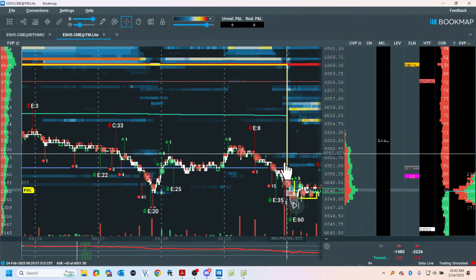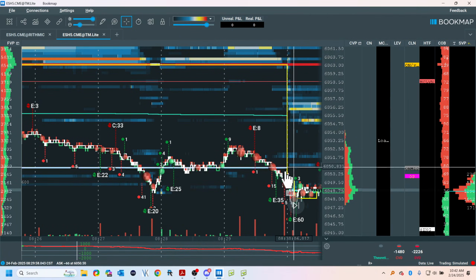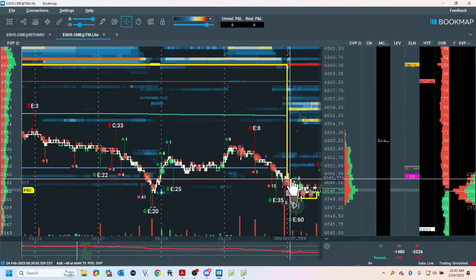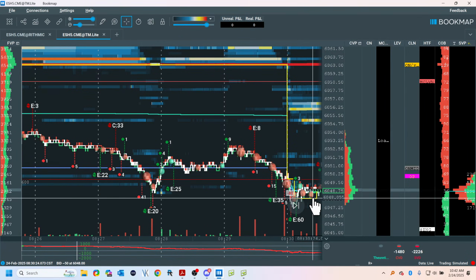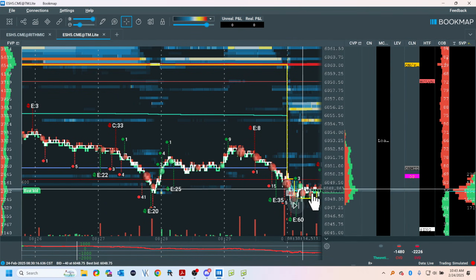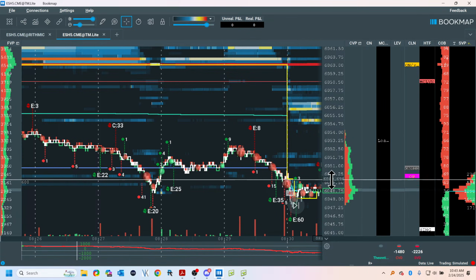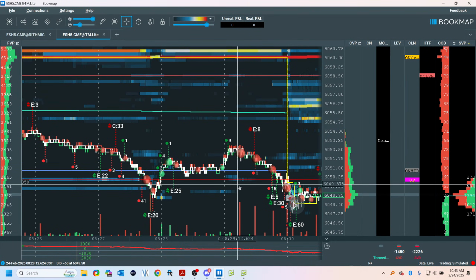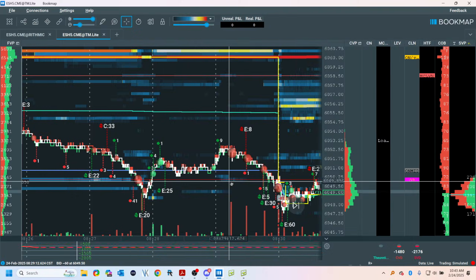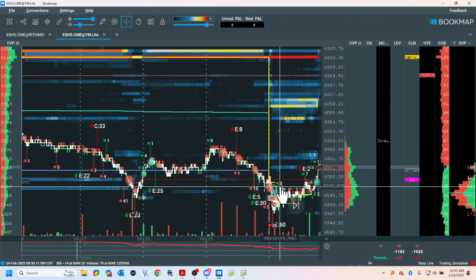I can look here, and this sets up my first, not trade, could be a trade, but the context is down. I'm going to show you a long that turns into a short because they're both correct, except one is counter trend and one is in alignment with the trend. This is a counter trend trade. Let me show you. If the trend was up, this would be your long in alignment with the trend if we open lower, but the trend is not up.